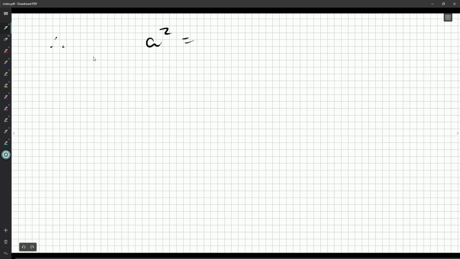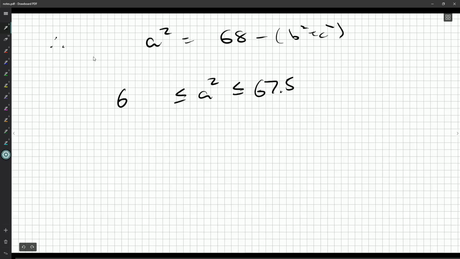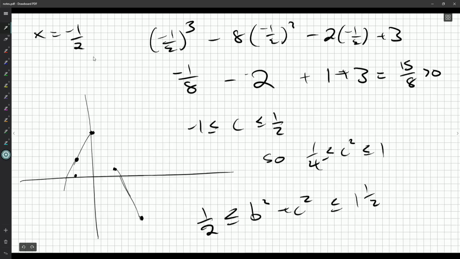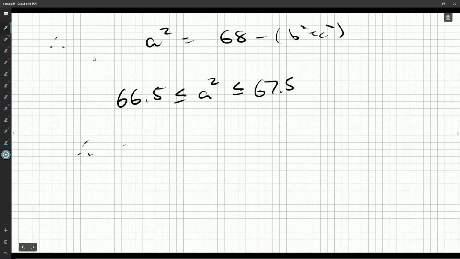So a squared, which is 68 minus b squared plus c squared, is between 67 and a half and 66 and a half. 68 minus 1 and a half. So a squared is closest to 67.